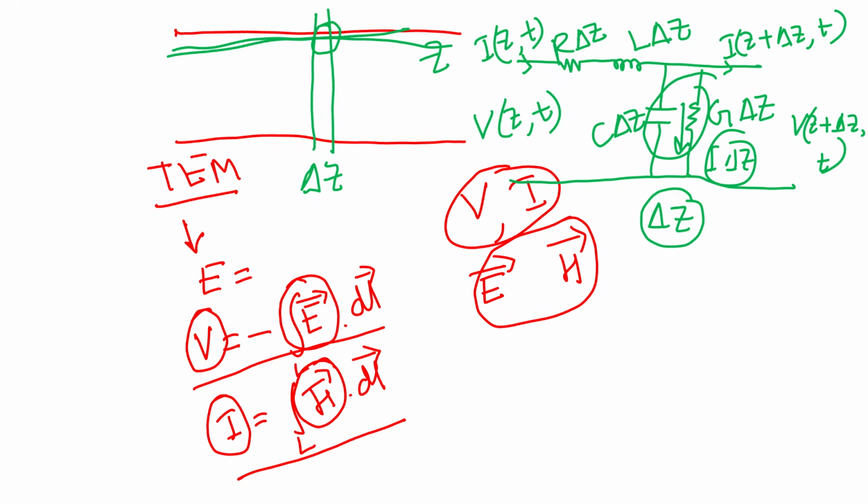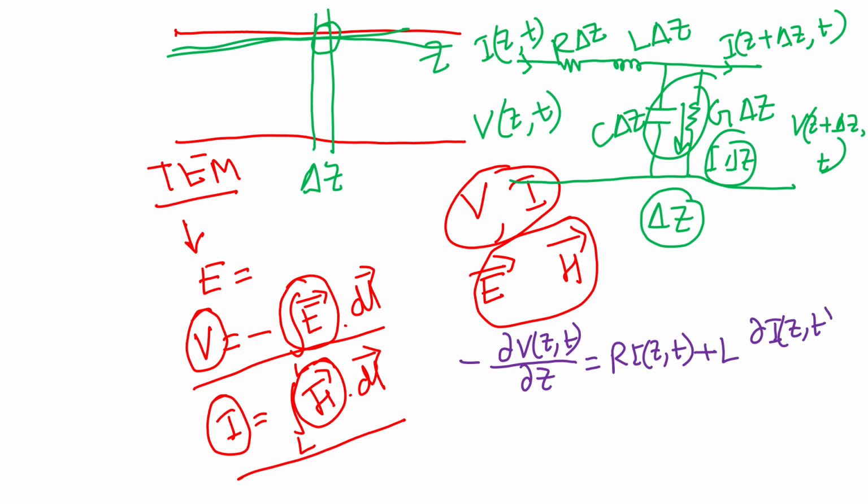Let me note down the expressions. I'm not getting into the detailed part. Minus del V(z,t) upon del z, basically differentiation, is equal to R I(z,t) plus L del I(z,t) upon del t.